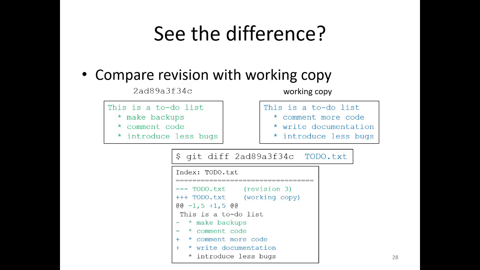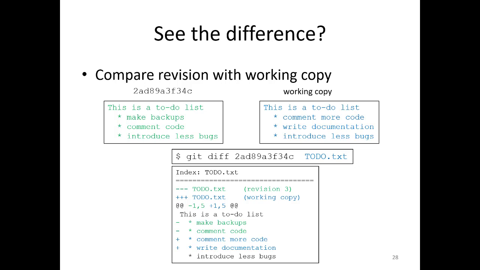And then this is the type of output which you get, which is somewhat cryptic. But you can see that actually the make backups and the comment code lines, those have been removed, hence the minus sign. And 2 lines have been added, hence the plus sign, which is the command more code and write documentation.